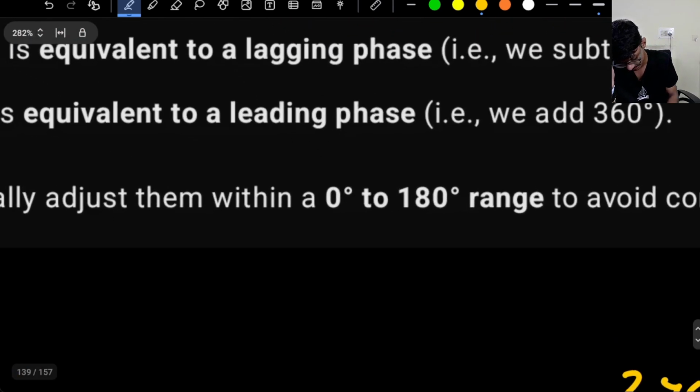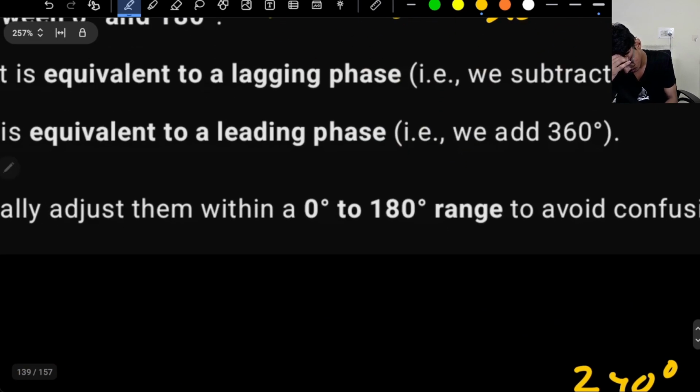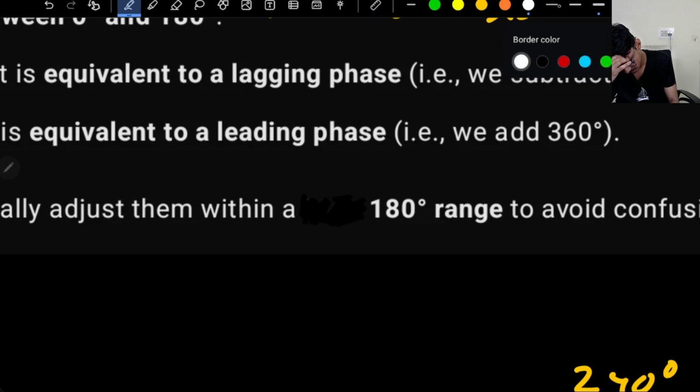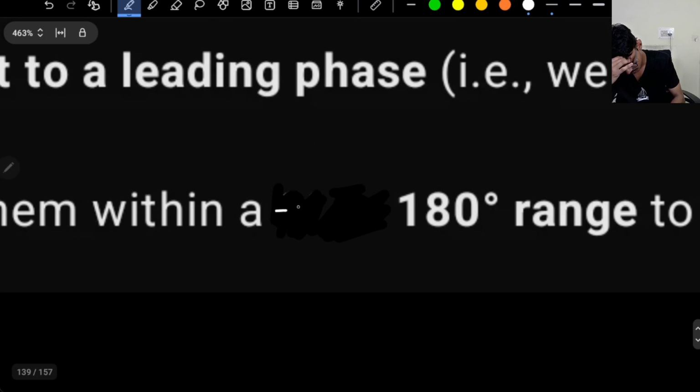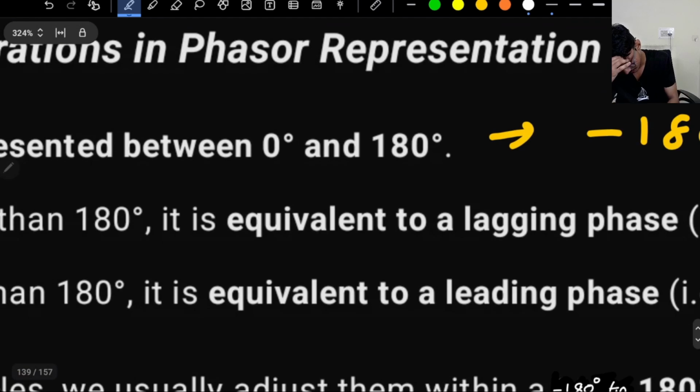So right here, it is not between 0 and 180, the range is between minus 180 and plus 180. This is the range basically. So here as well, the range will be between minus 180 and plus 180.